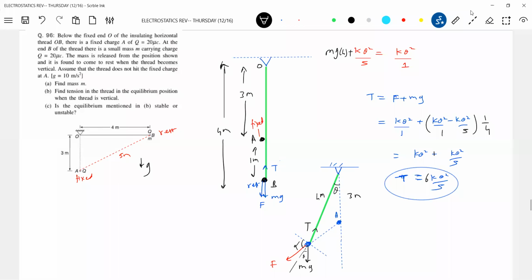Mg will be as it is, no? So if you slightly displace it, unstable, sir. Unstable means F cos alpha will be greater.